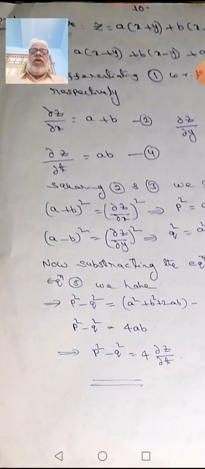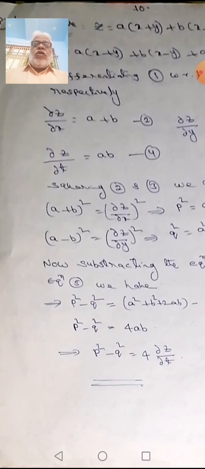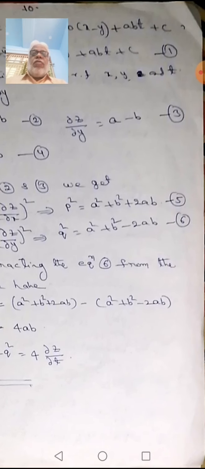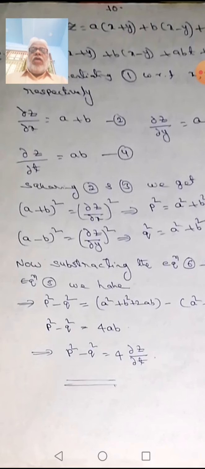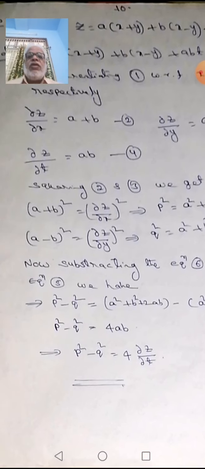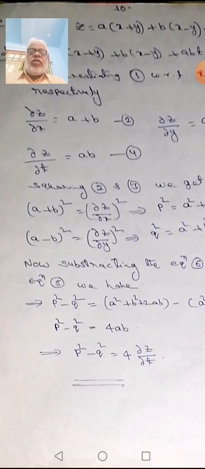So finally we got ∂z/∂x is equal to a plus b, ∂z/∂y is equal to a minus b, and ∂z/∂t is equal to ab. By using these three values, we find the partial differential equation. You see here, squaring equations 2 and 3.